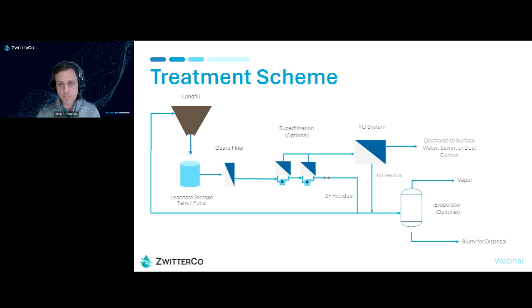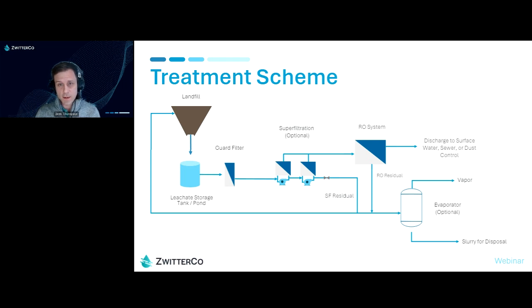Superfiltration is a type of filtration that falls between nanofiltration and ultrafiltration, and is really good for leachates that have higher levels of fat, oil, and grease. But it's not always 100% necessary, because we can also just feed directly to an RO system.